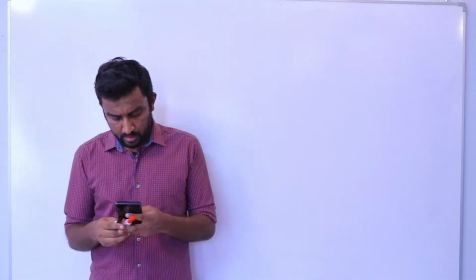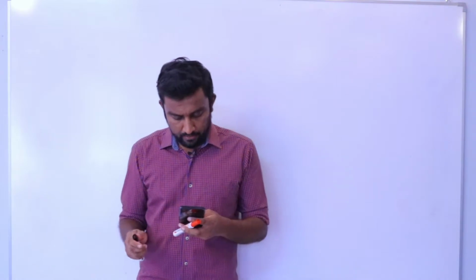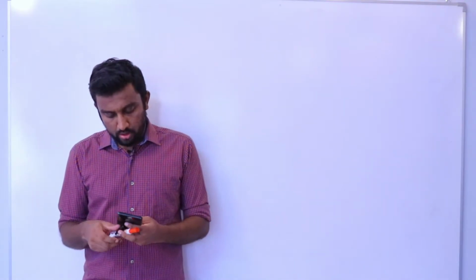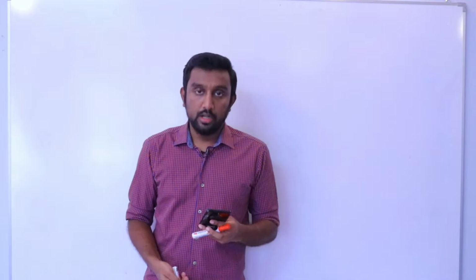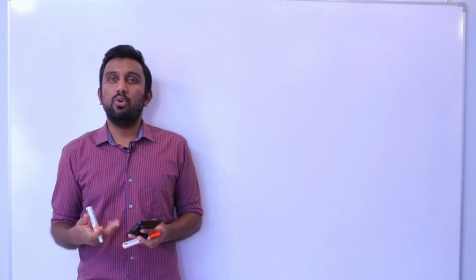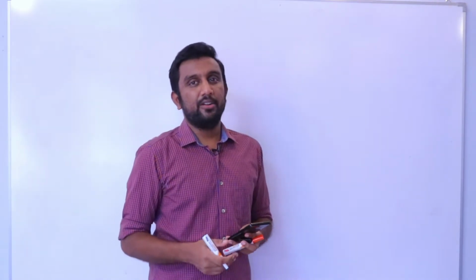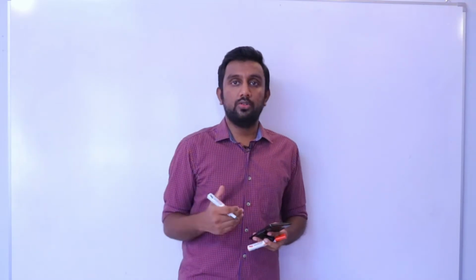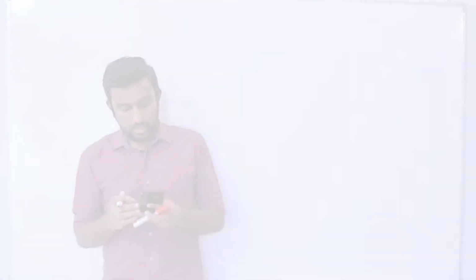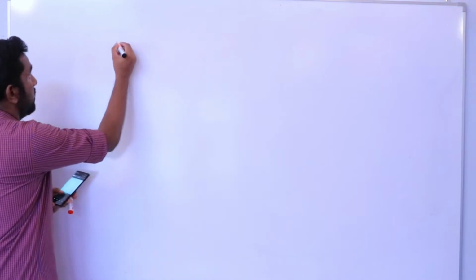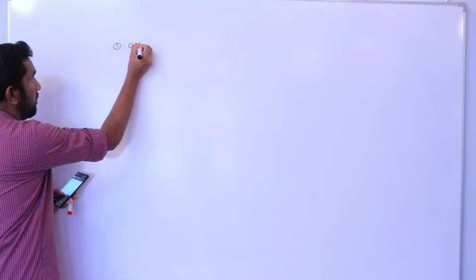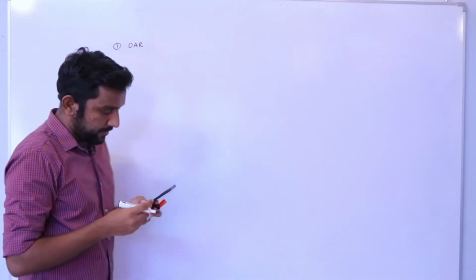Right. The second question is cost of production of A product. So there is a product called A, and the total cost. So total cost means what? It includes all the cost related to the product, like it includes production cost and the non-production cost as well. So the first question is OAR, which is overhead absorption rate.